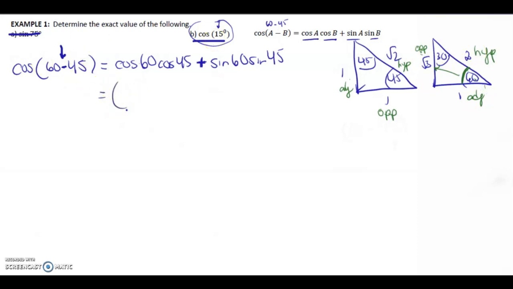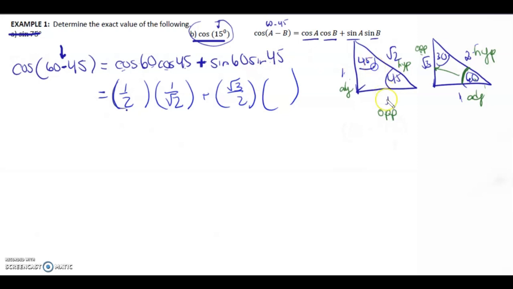All we're going to do is have 4 brackets, and fill in the ratios. Cos of 60, 1 over 2. Cos of 45, 1 over root 2. Sine of 60 is root 3 over 2. Sine of 45, 1 over root 2.